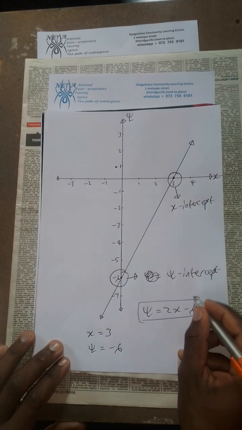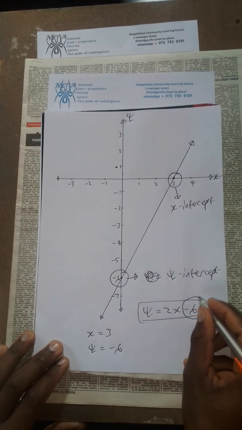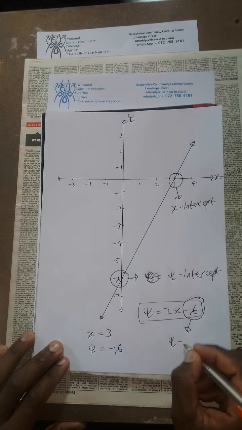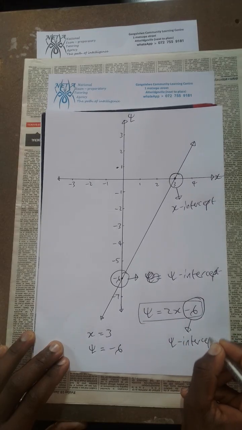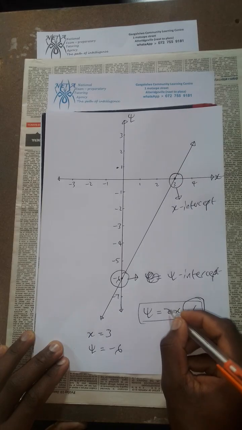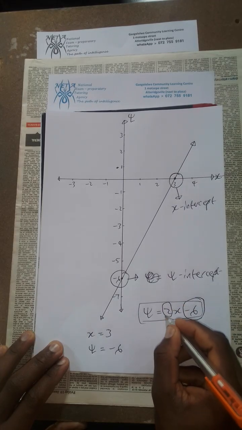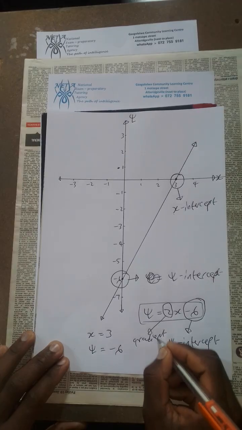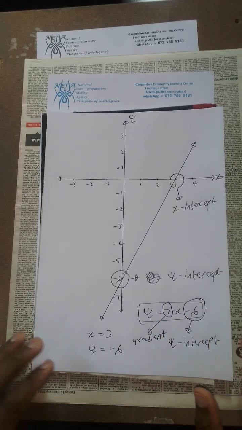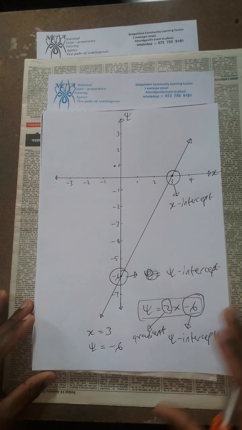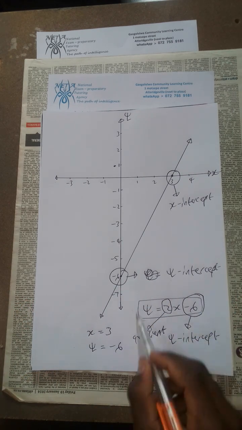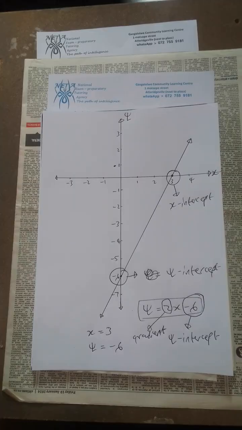You can see that this constant number is always indicative of the y-intercept, and this one is a representation of the gradient of the graph. But in our instance of drawing the graph, the gradient is not really important when you are given the equation of the graph.